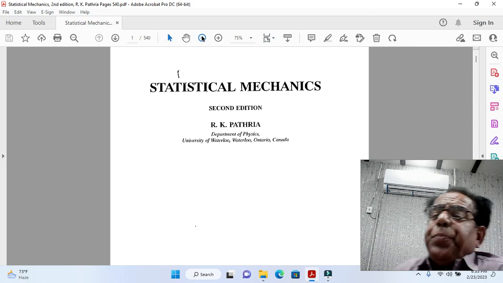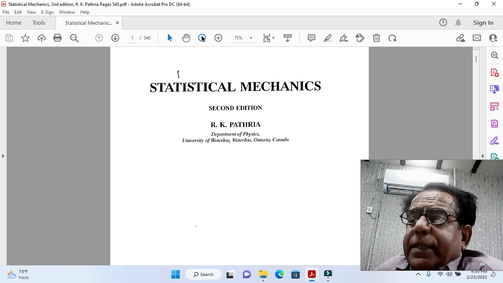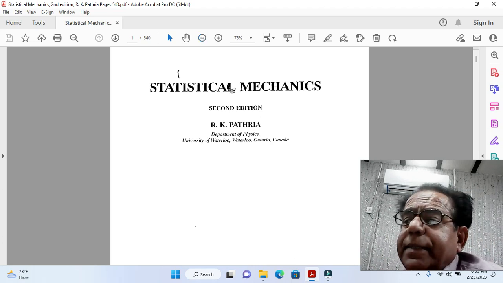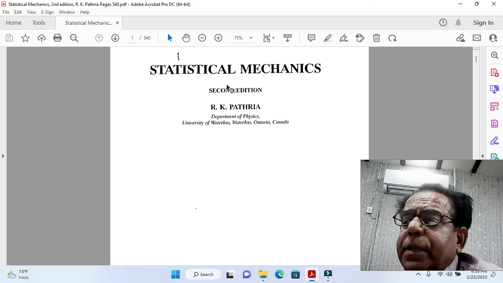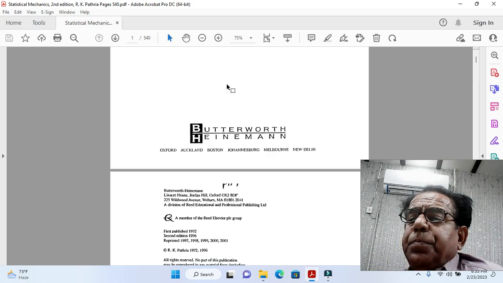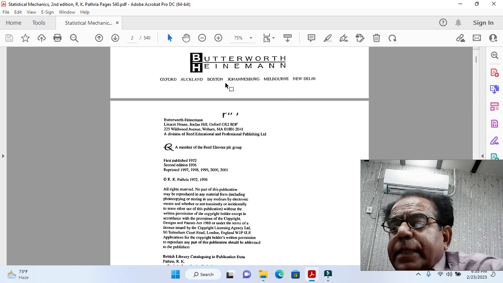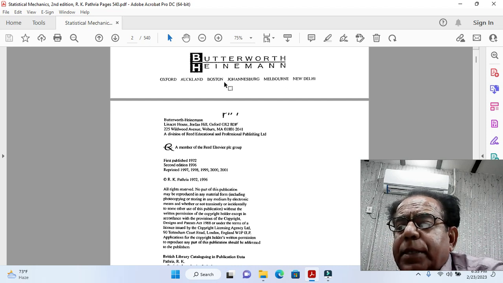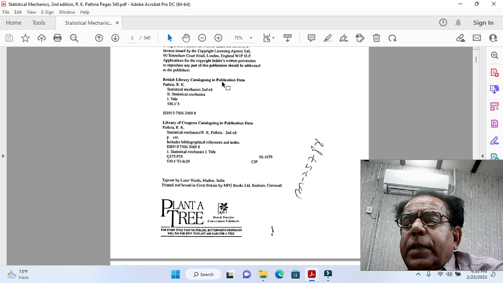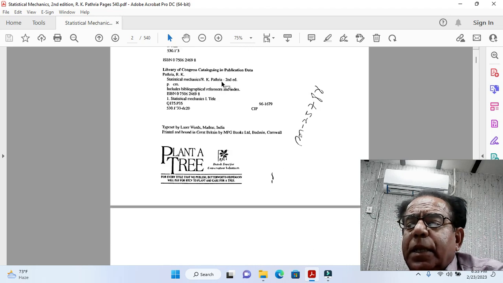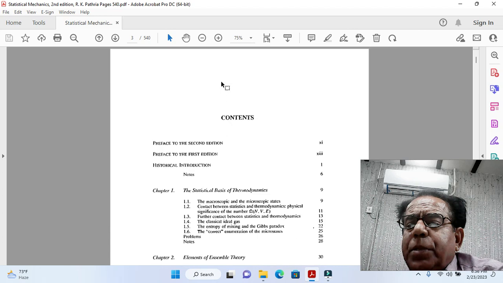Statistical Mechanics, second edition, R.K. Pathria. Butterworth-Heinemann is the publisher. This book was published in the year 1996, while its previous edition was published in 1972. So 1972 and 1996.